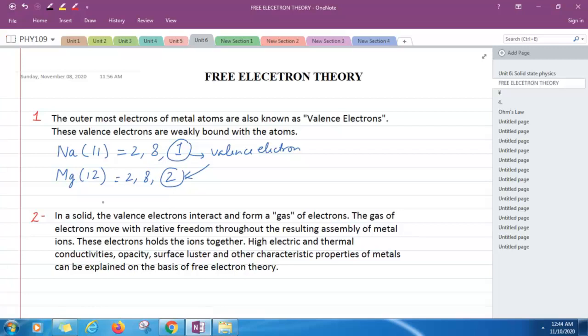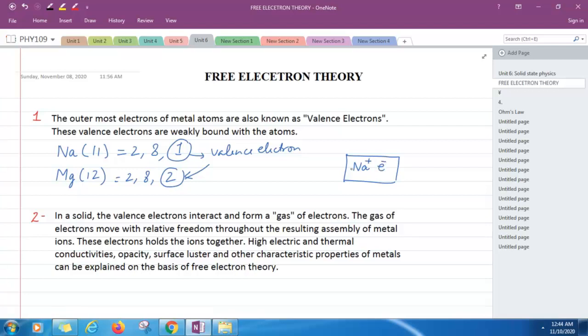The second point of this free electron theory is the valence electrons interact and form a gas of electrons, and this gas of electrons moves with relative freedom throughout the resulting assembly of metal ions. See, if you take a sodium crystal, if you remove one electron from the metal atom, this will be an ion, and this will be an electron.